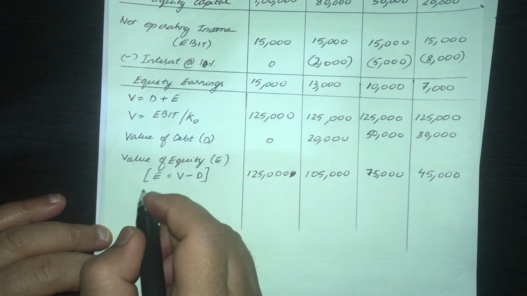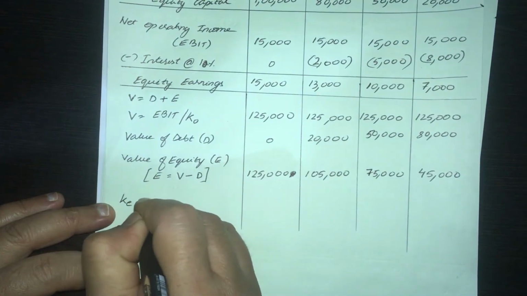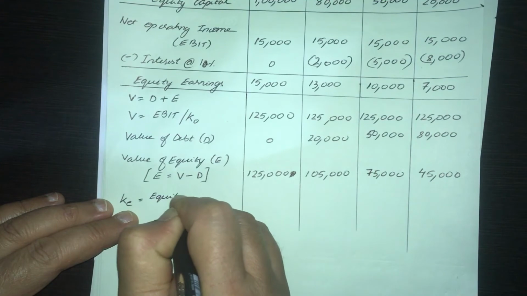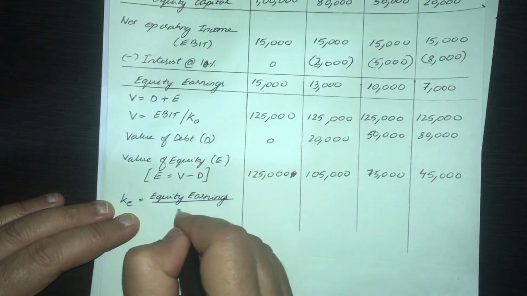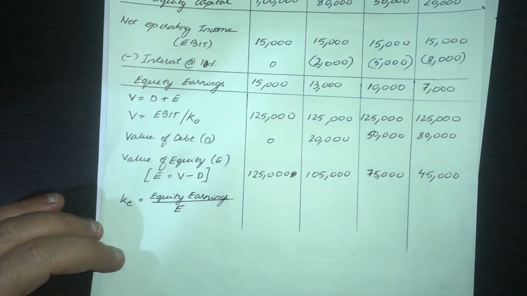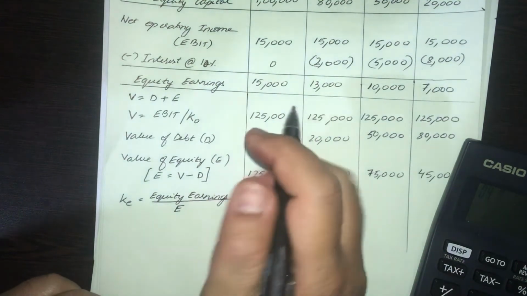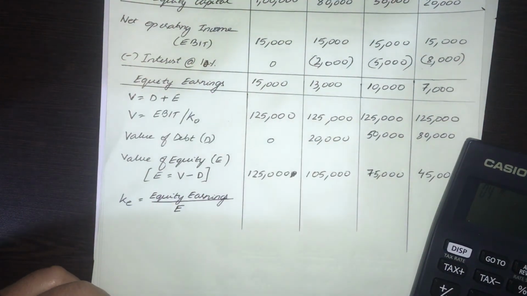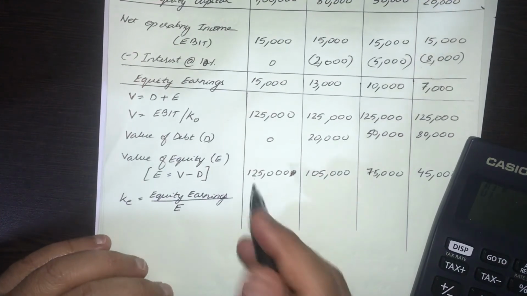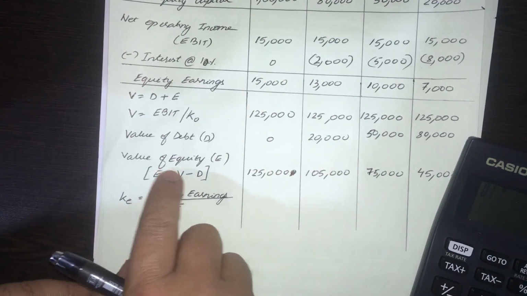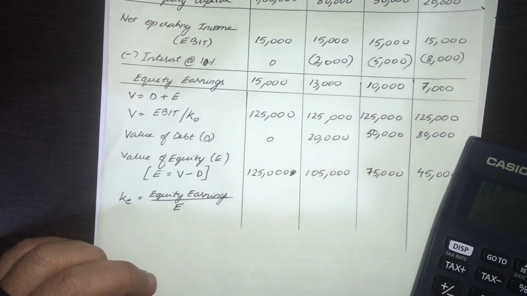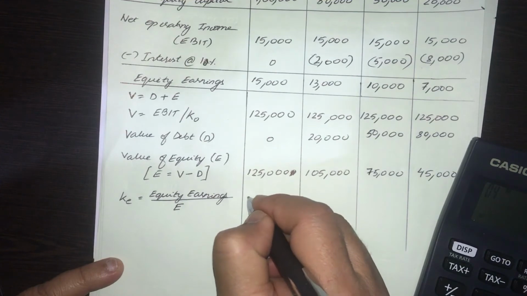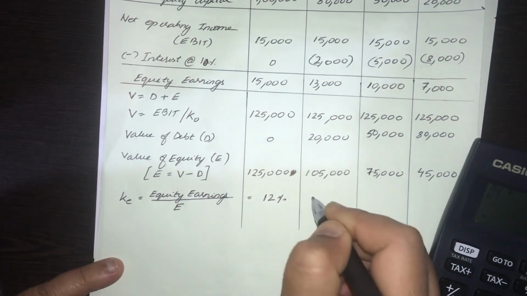Next we need to find out KE, and KE is nothing but equity earnings divided by market value of equity. All right, now equity earnings in the first case is 15,000. So 15,000 divided by the market value of equity, which is 1,25,000, into 100, is 12%.